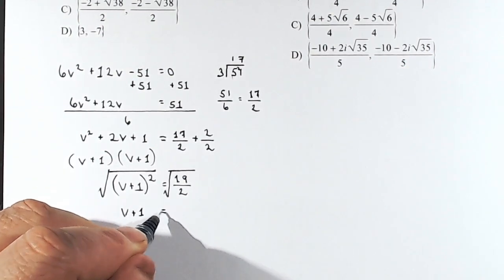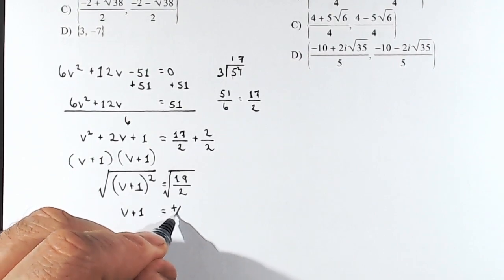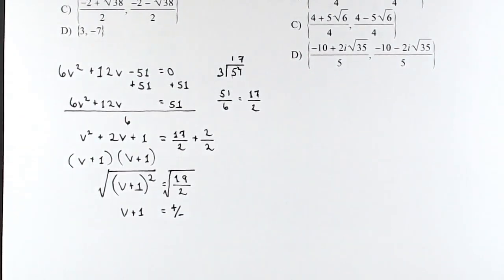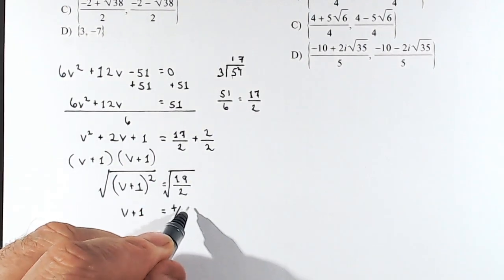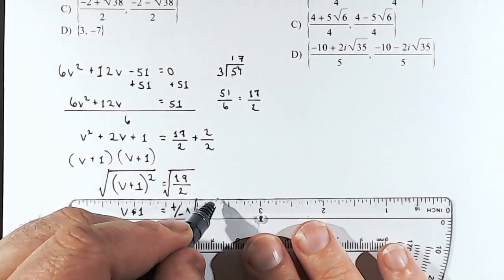But when I set this equal, I need to always start by writing plus or minus, because there's going to be two solutions to every quadratic. So when you take the square root, there's always a plus and minus. So now it's the square root of 19 over 2.